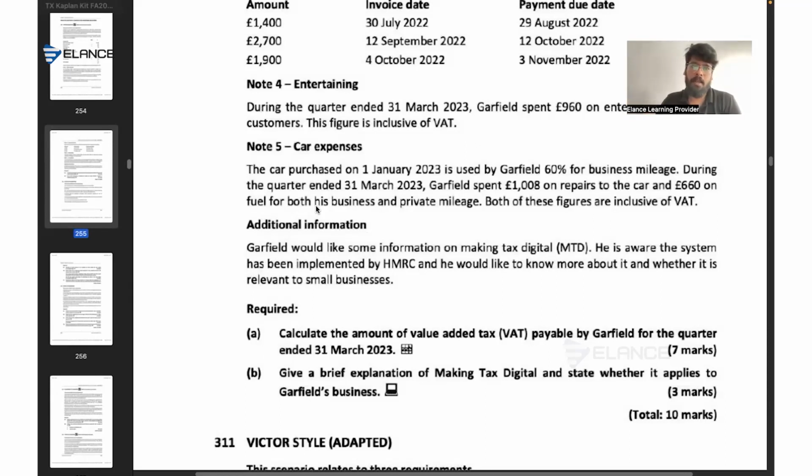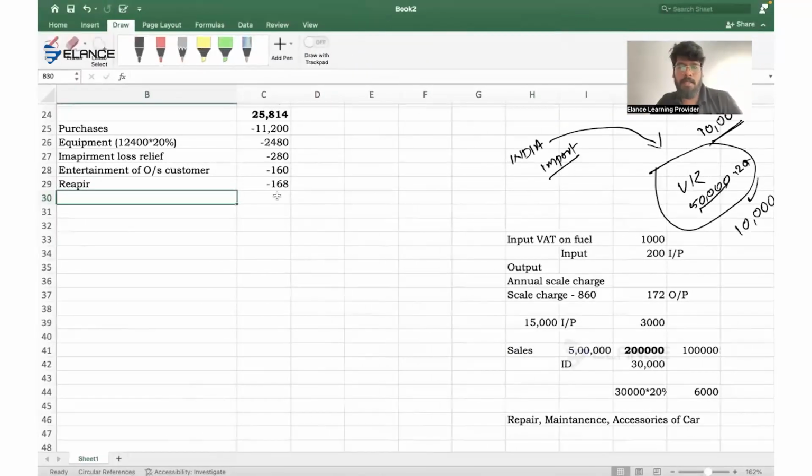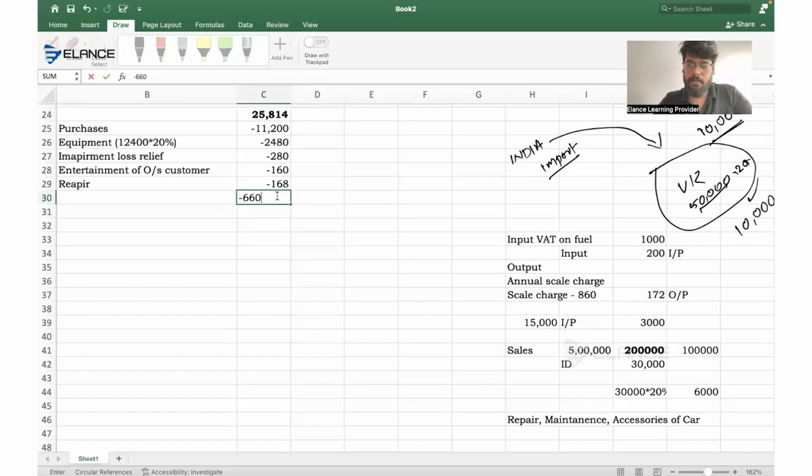That does not matter. Here they are spending 660 on fuel, so 660 into 1 by 6 they can deduct. This figure is also VAT inclusive.